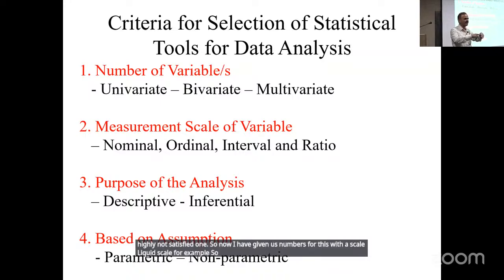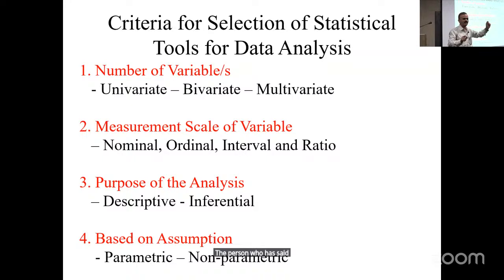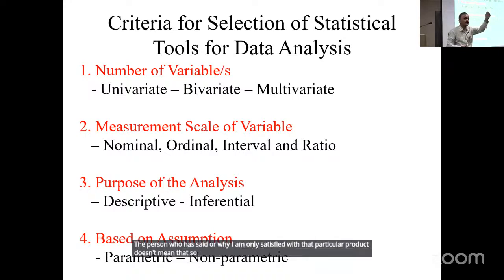Then the 5 doesn't mean that the person who said, I am really satisfied with that particular product, is 5 times as satisfied as the person who said, I am highly not satisfied.